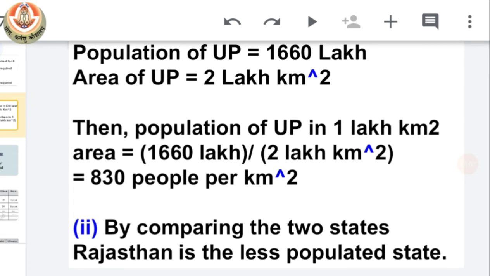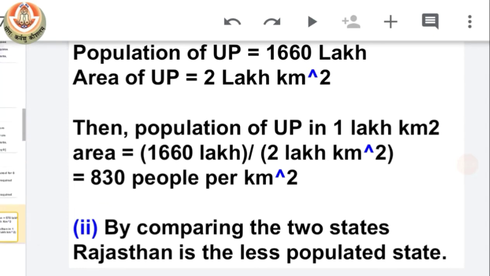That means we have to divide 1660 lakh by 2 lakh, and we will get our answer, 830 people per kilometer square.